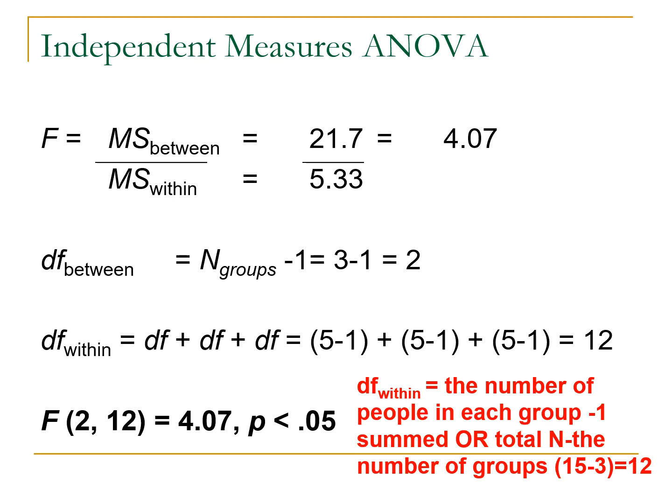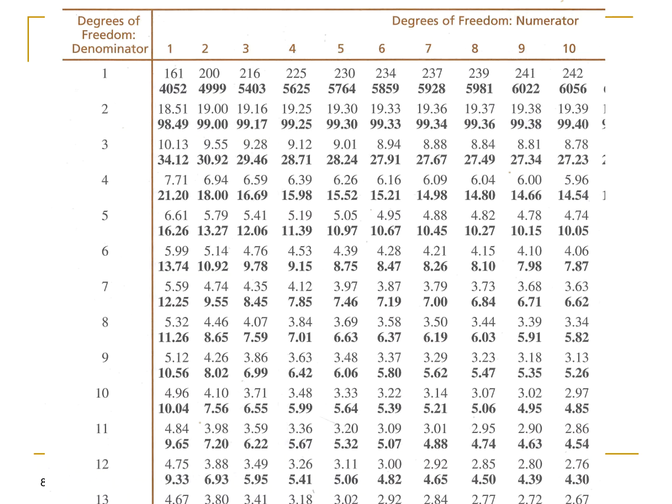So we report this as F, parentheses, 2, our first degrees of freedom between, and then comma 12, our second degrees of freedom within, and then the value, 4.07. We now need to find out if that final part of the equation, p less than 0.05, is actually correct. And how we do this is we go to the charts. At this point, we look at the degrees of freedom in the denominator and the degrees of freedom in the numerator.